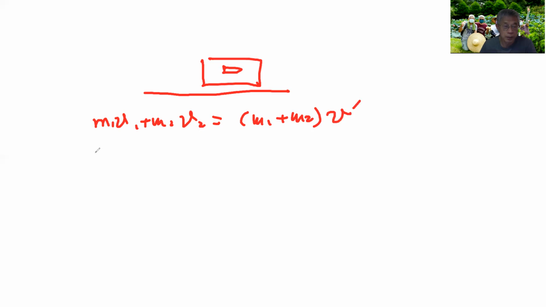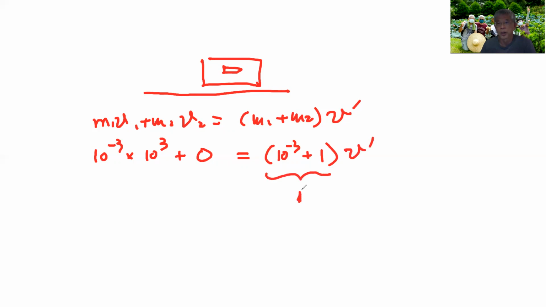So this is 10 to the -3 times 10 to the 3 plus 0, because V2 is originally 0, and this is equal to 10 to the -3 plus 1, and then V prime. So this is almost equal to 1, and the left side is 1. So V prime is very close to 1.